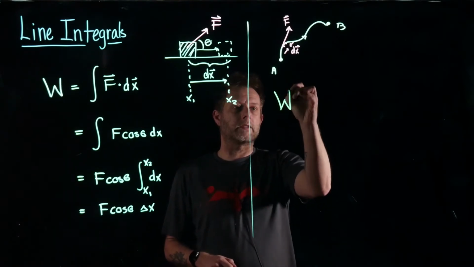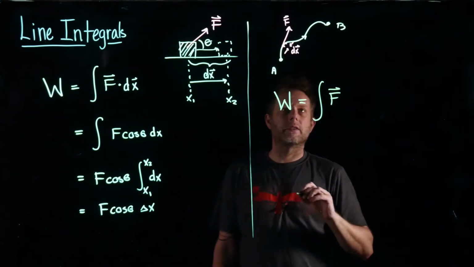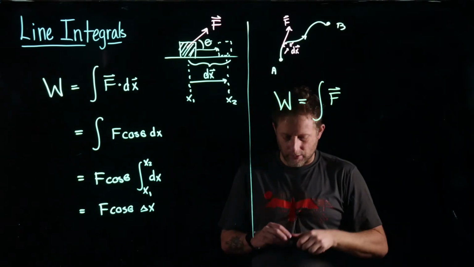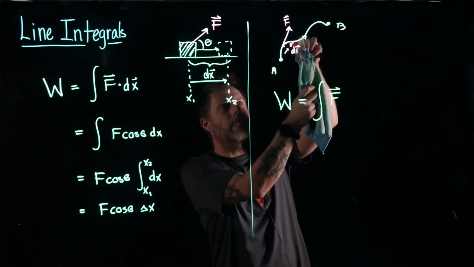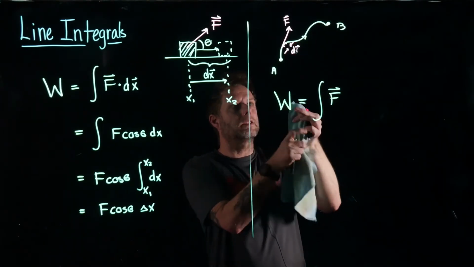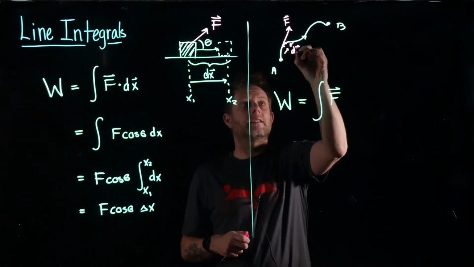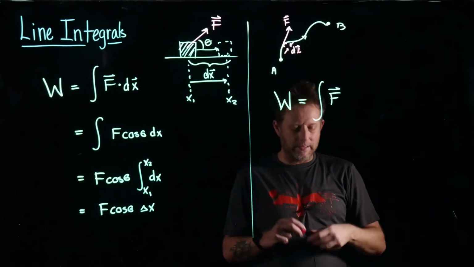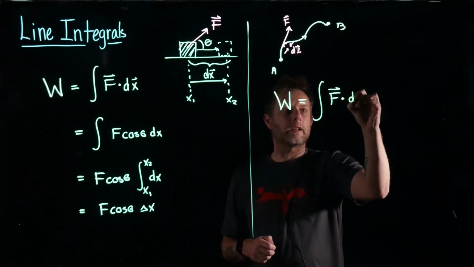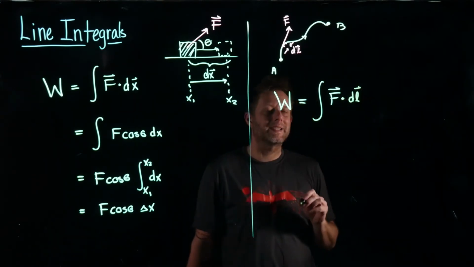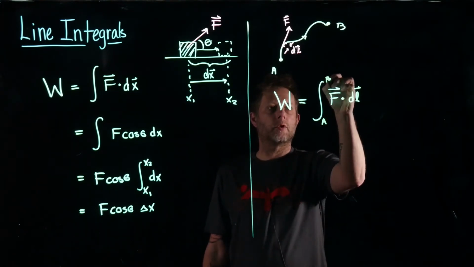So we write that as the work is equal to the integral of F along, I should not write x here, instead of x this is dl. It's a small line segment. So it's the force dotted with that dl segment, and that's integrating from point A to point B.